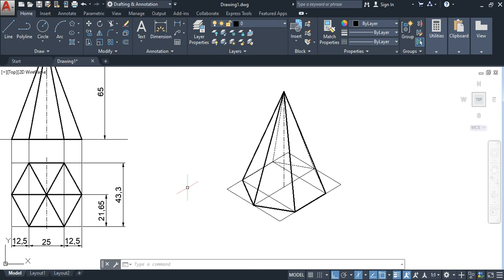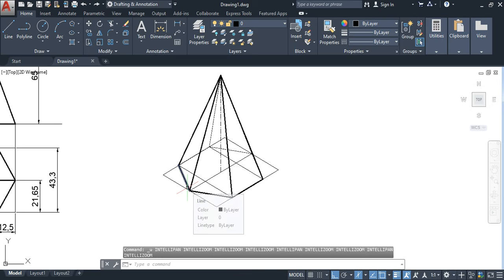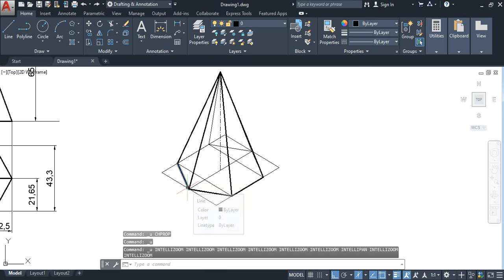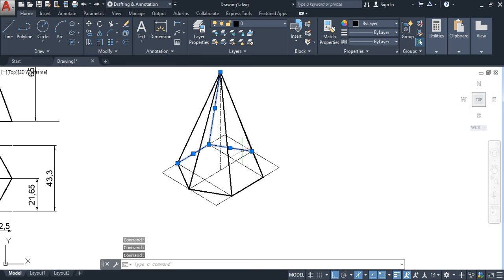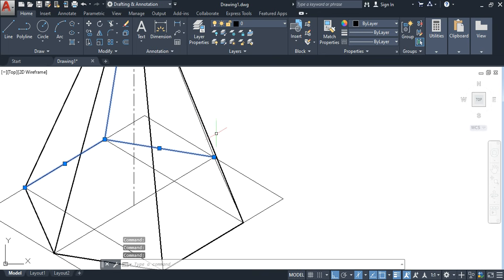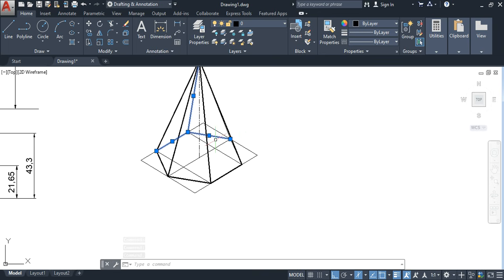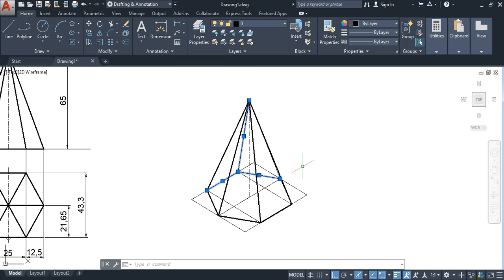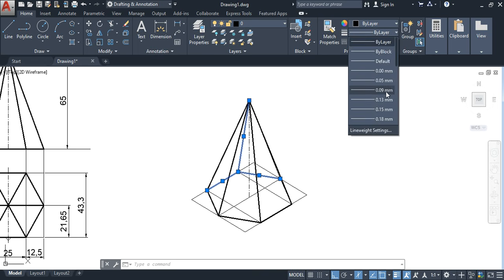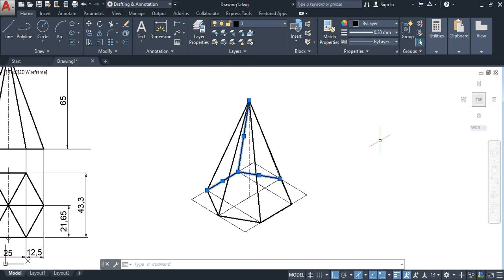If you want to represent as normal, and you want to darken the other lines, suppose these lines also you want to make dark, anyway this line will be combined with this one in the drawing sheet if you draw. When you want them to look dark, you can make them dark, but it's not the actual way.